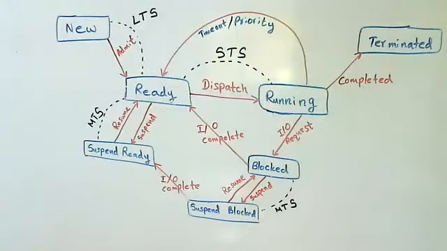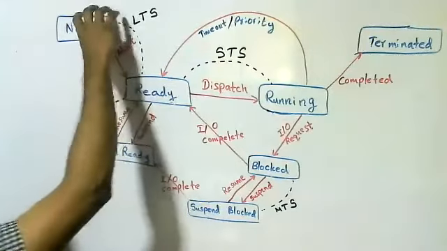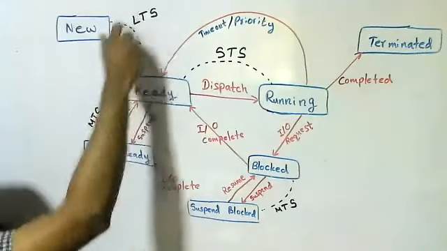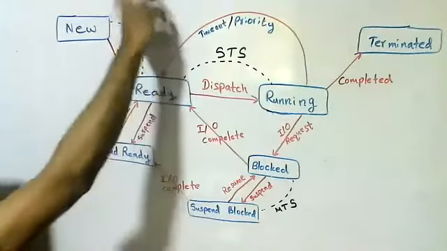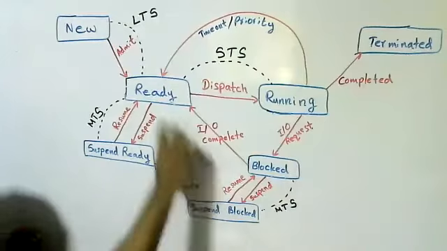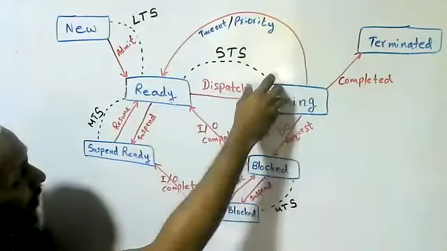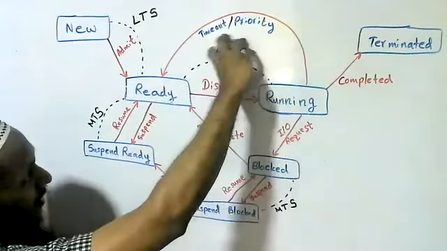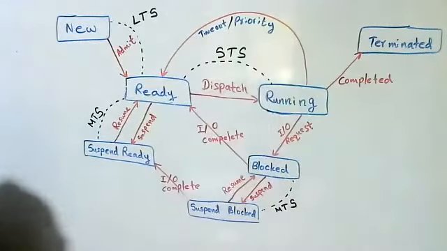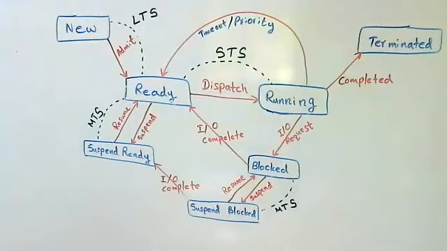Here, the order in which processes are submitted is decided by the long-term scheduler. The order, that priority, in which processes are submitted to the CPU is decided by the short-term scheduler.